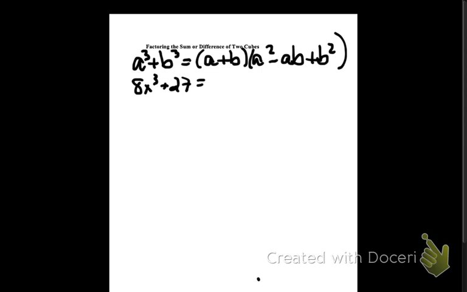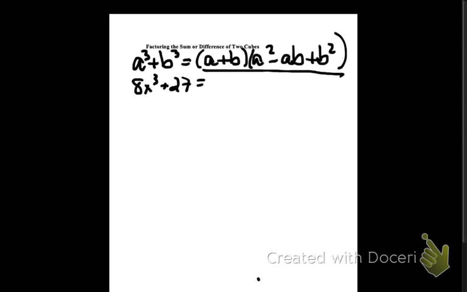Okay? To determine whether or not we can use this pattern, one or two things has to be true. First of all, both of these terms have to be perfect cubes. Now we've talked about perfect squares. We know the perfect squares pretty much by heart. But perfect cubed is the same concept, except you have to multiply it by itself 3 times.